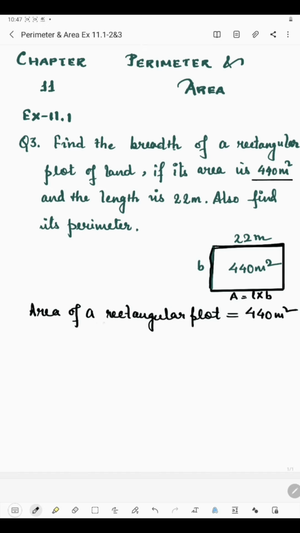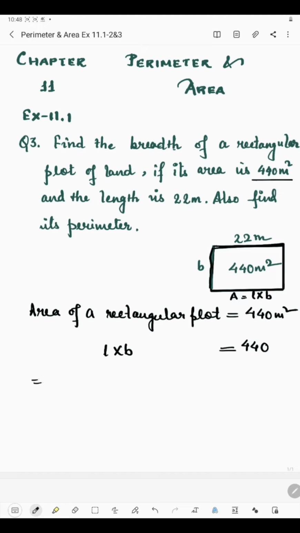Now here, area of rectangular plot. According to the formula, we can write L into B, which is equal to 440 meters square. This is the area of the rectangular plot.